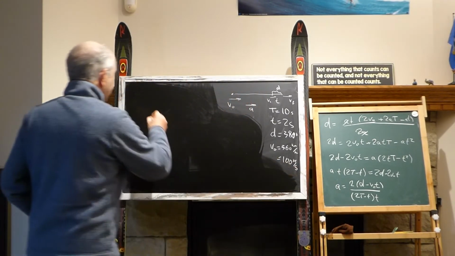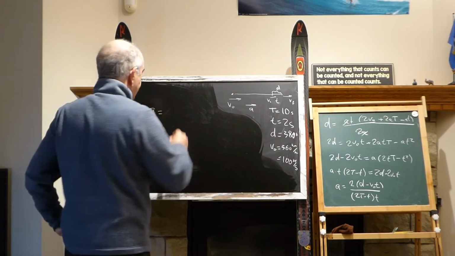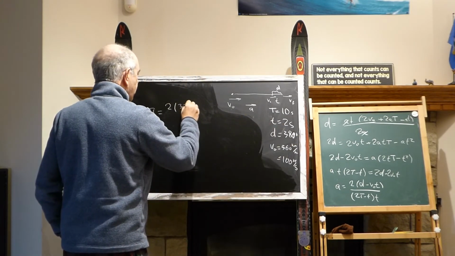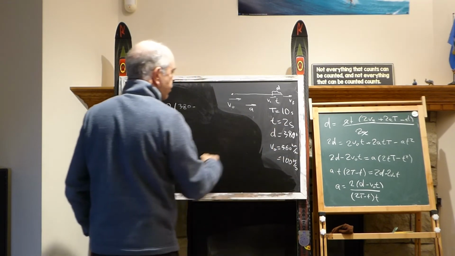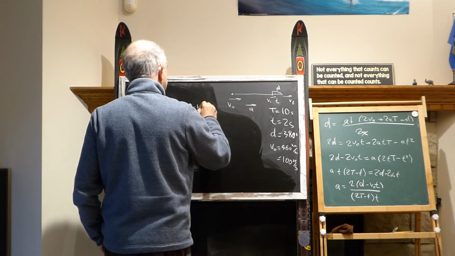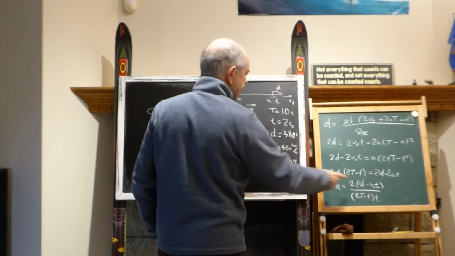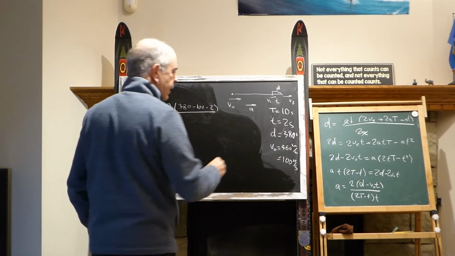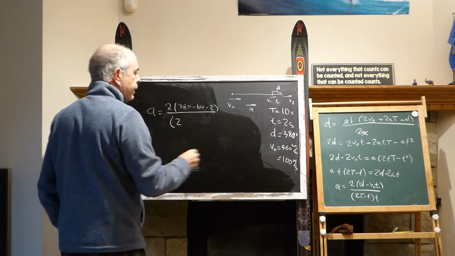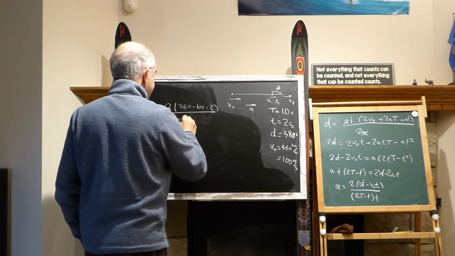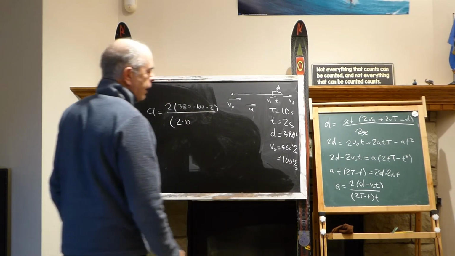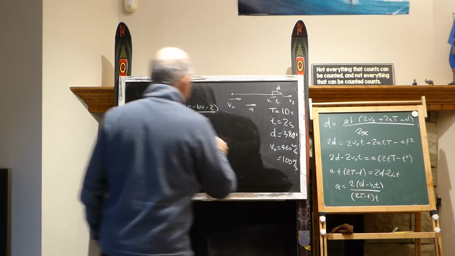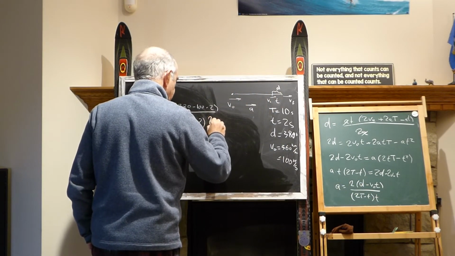So now, acceleration. And I put 2, and instead of d I put 380, and then I put v0, and v0 is 100, and then I put t lowercase, it would be 2, and I go to denominator, I put bracket 2, t is 10 seconds, multiplied by 10, right, minus another 2, and finally this t would be 2.